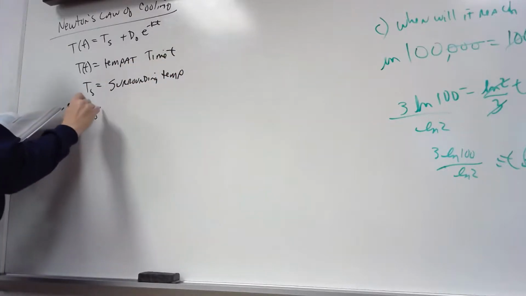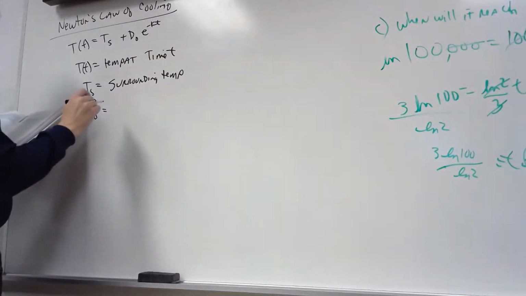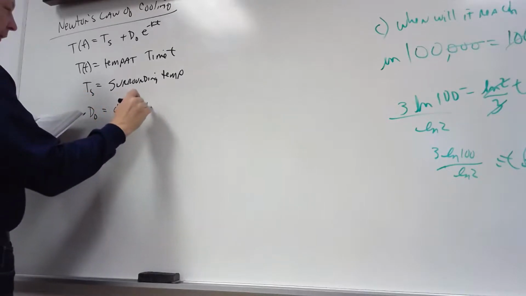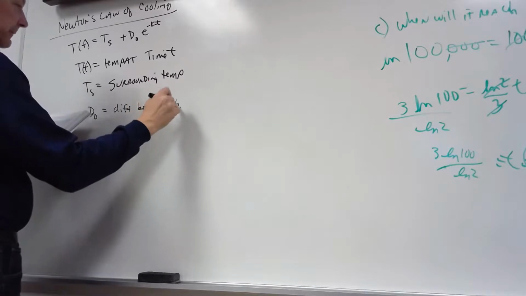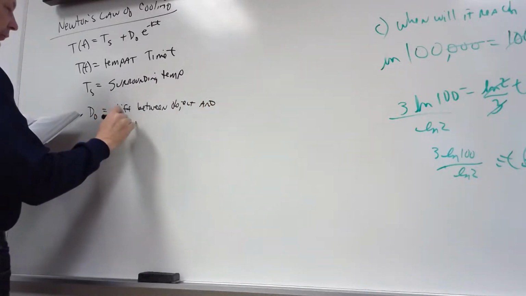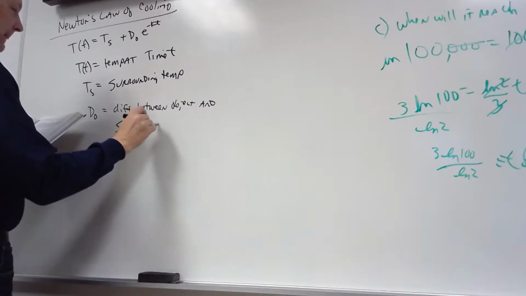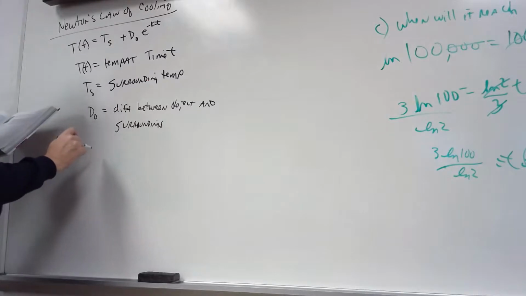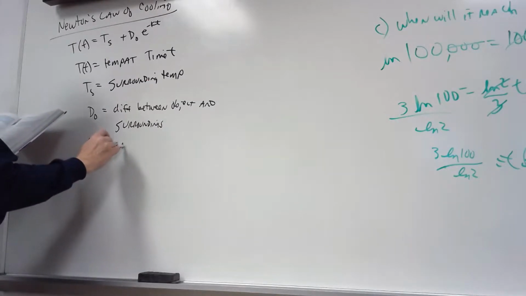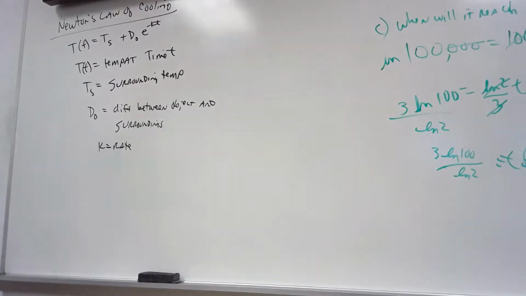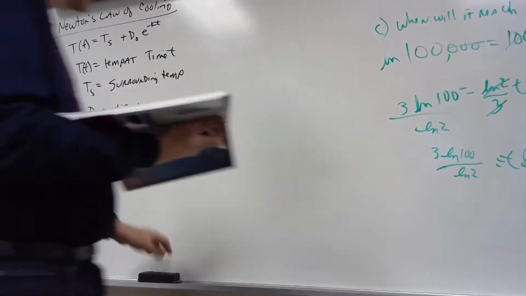D sub 0 is the difference between the object and the surroundings. And k equals your rate. Okay? So let's do a quick example here.